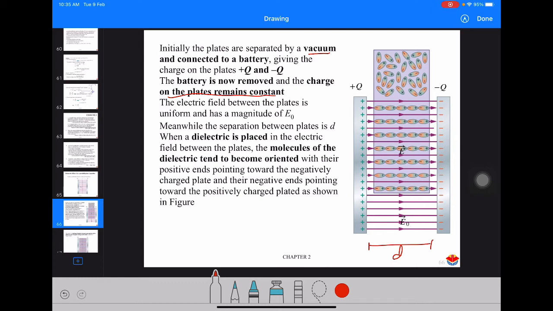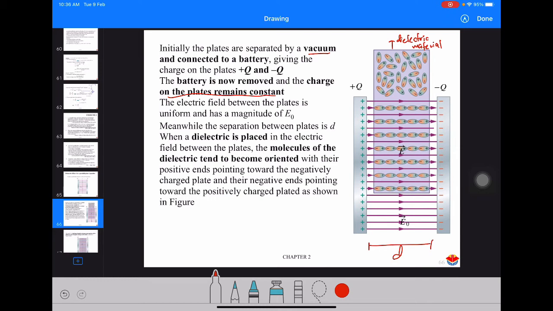When the dielectric material is placed in the electric field between the plates, the molecules of the dielectric tend to become oriented.